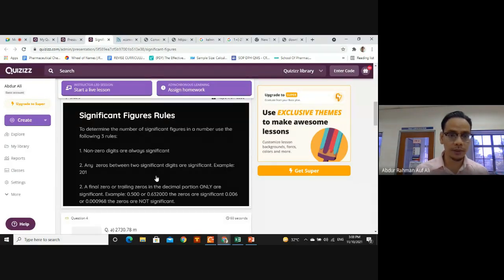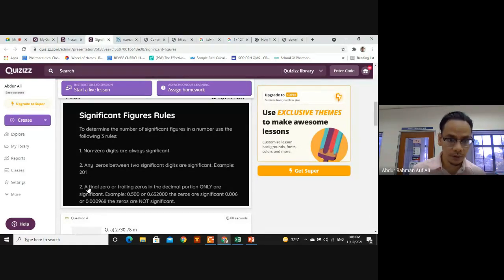So these are the rules yang kita kena follow. Okay, non-zero digits will always be significant. Any zeros between two significant digits are significant. Contohnya macam 201. Kosong kat tengah-tengah ni, dia terletak antara dua significant figures, 2 dan 1. So dia adalah significant.